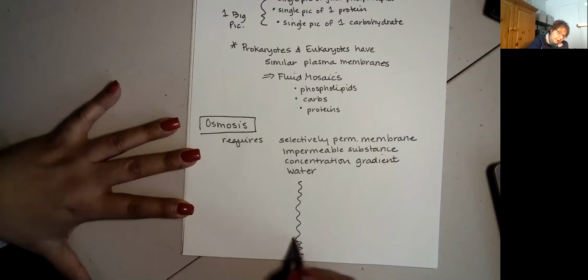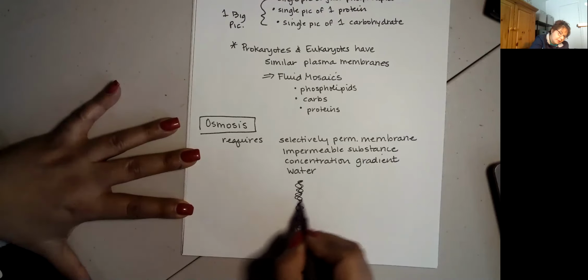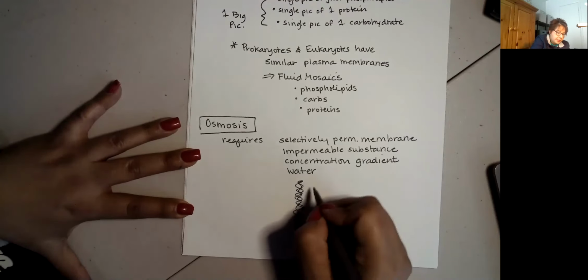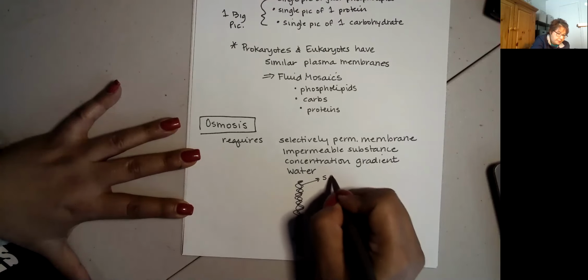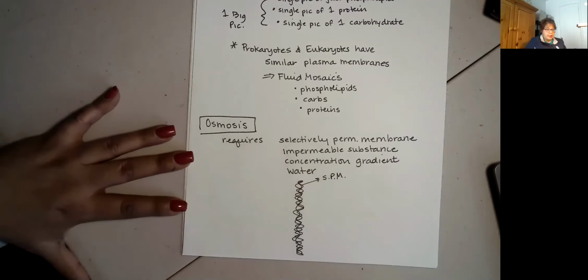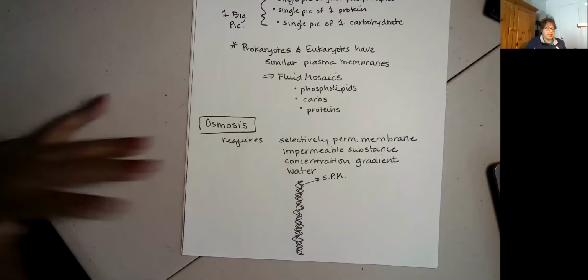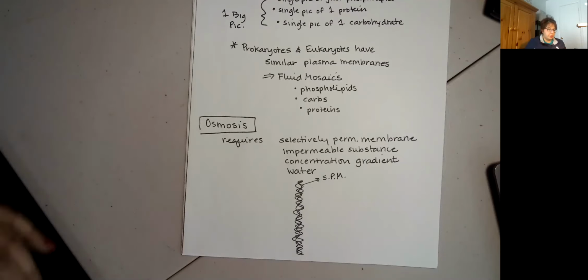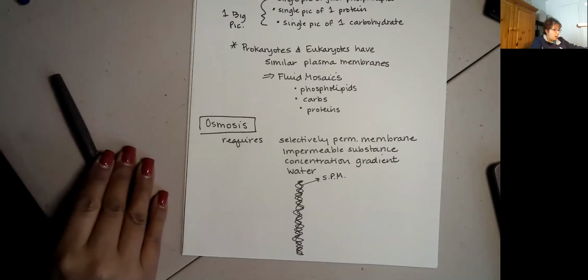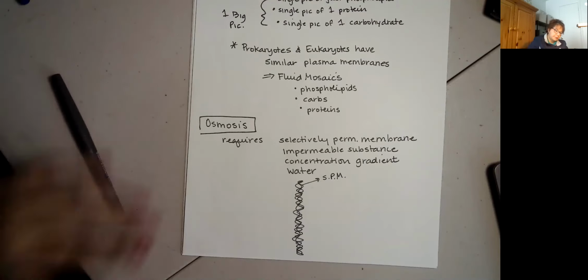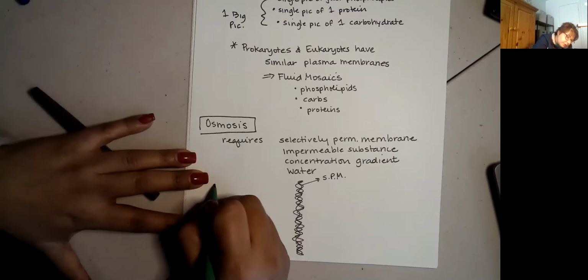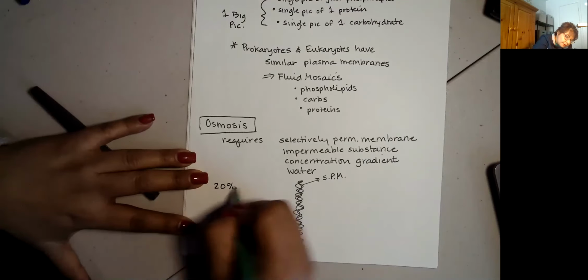Let's say right here, that's my selectively permeable membrane, and it's separating two solutions. On this side of the membrane, I have, let's say, 20% sugar.